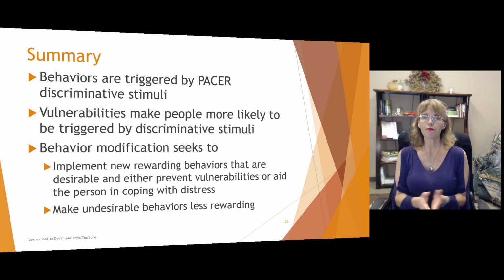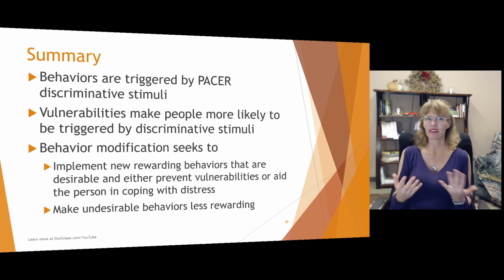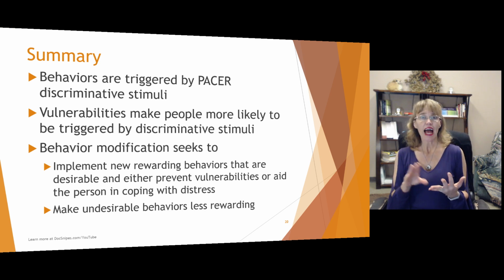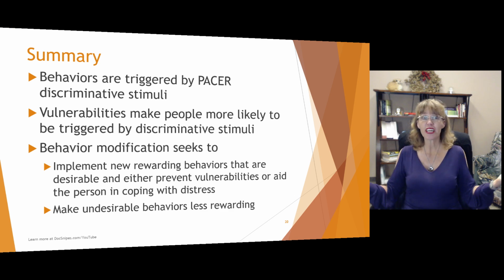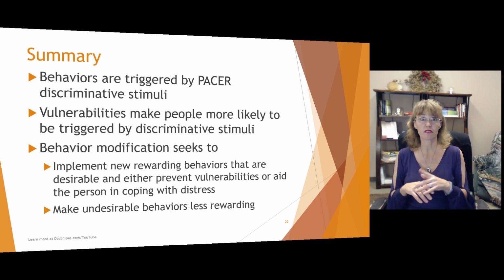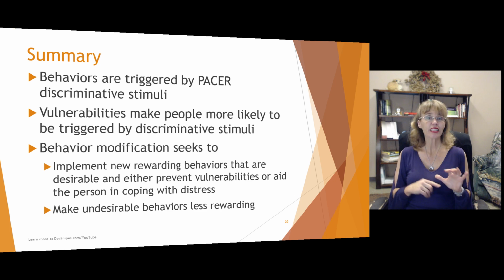Behaviors can be triggered by physical things: pain, hunger, tiredness; affect: distress of some sort, even happiness sometimes; cognitions: negative thoughts, pessimism; environmental situations: smells, sights, sounds; just stress, and relationships.